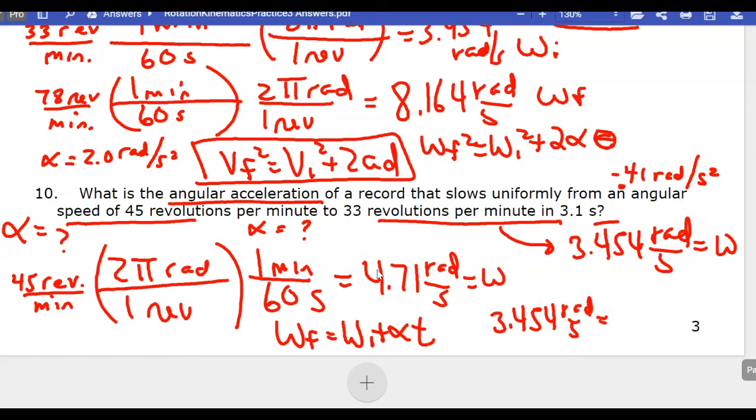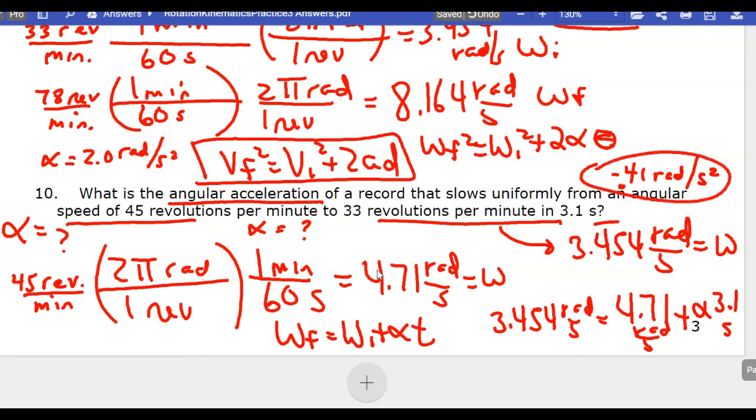Its initial was 4.71 radians per second plus alpha, which I want to find, times t, which is 3.1. So subtract the 4.7 from both sides, divide by the 3.1 that's in front of the alpha. And I remember this being a negative answer. You should get negative 0.41 radians per second squared.